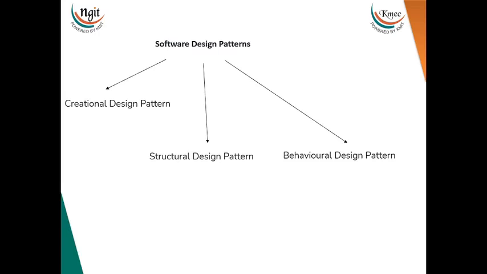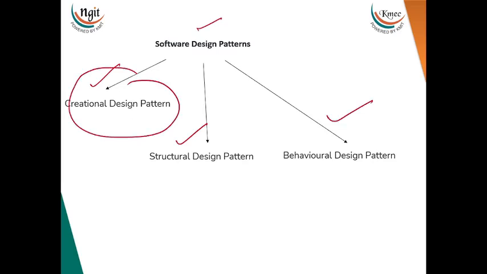Correct? Now software design patterns are divided into three parts: creational design pattern, structural design pattern, and behavioral design pattern. We will be seeing all of these in detail. So a software design pattern is nothing but a reusable solution to a common problem, which can be addressed by these three parts.